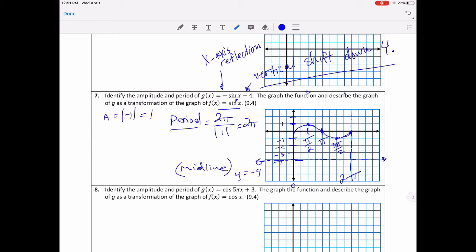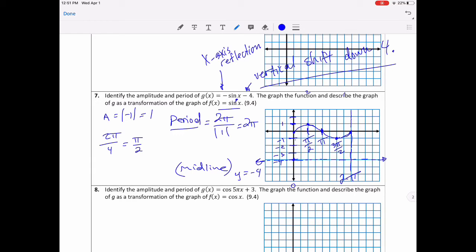All right, so then what did we do? Well, we took 2 pi, we divided it in 4 parts, and I add that pi halves to my starting point. In this case, my starting point, instead of being at 0, 0, is at 0, negative 4 right here, right? But that's still 0 on x.